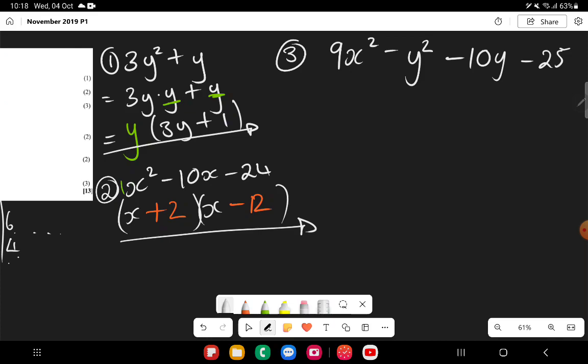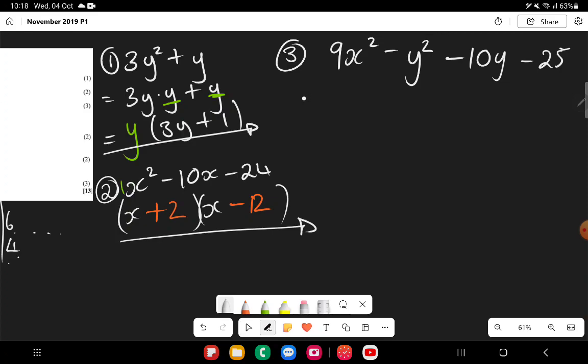Do you remember what to do when you've got 4 terms? Well, we are going to group. Now, normally when we're grouping, we want to look for 2 sets that have 2 things in common. Meaning that if I had an x here at the back, then I would have put my x's together, my y's together, but I don't have an x at the back. That's what's different in this question from what you are used to.